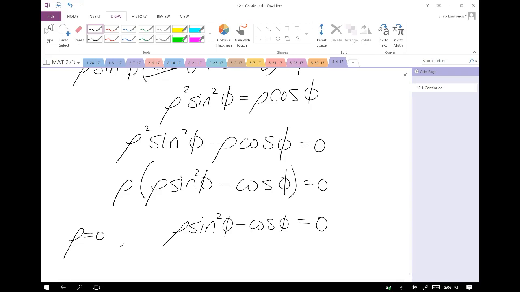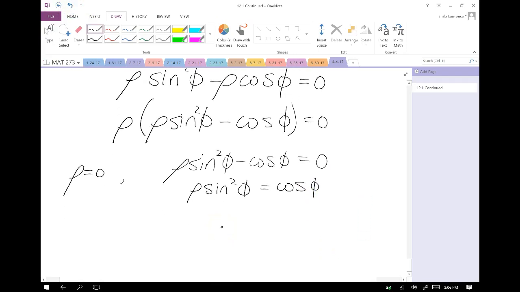We need to solve that second equation for rho. Add your cosine over. So rho sine squared phi equals cosine phi. We want to solve for rho, so usually whatever we're solving for, we leave it alone and we move everything else away from it. So divide by your sine squared.